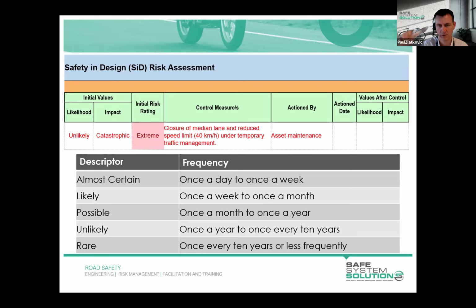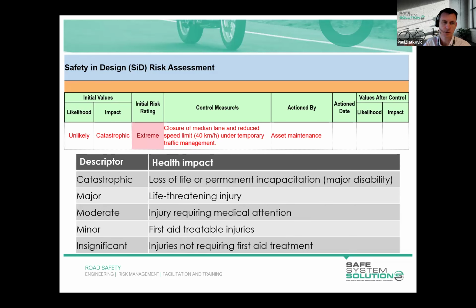So everyone's probably got a slightly different picture in their mind about how often that landscaping is being maintained and what sort of work arrangement is in place. But I'll note down rare as the response from the group. Let's move on to assess the consequence with that control measure in place.